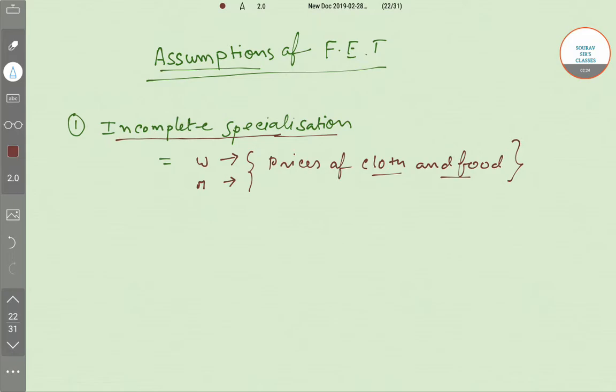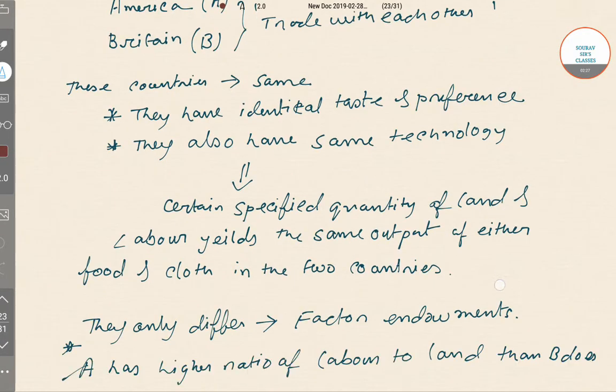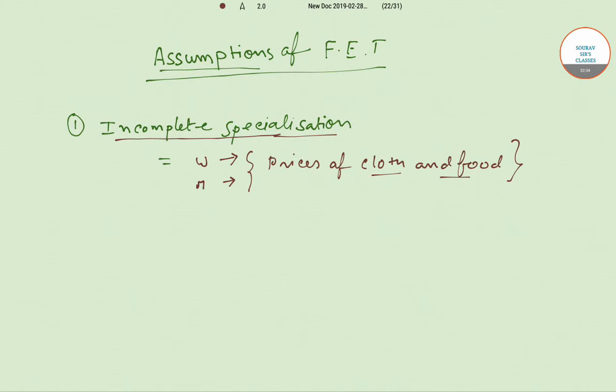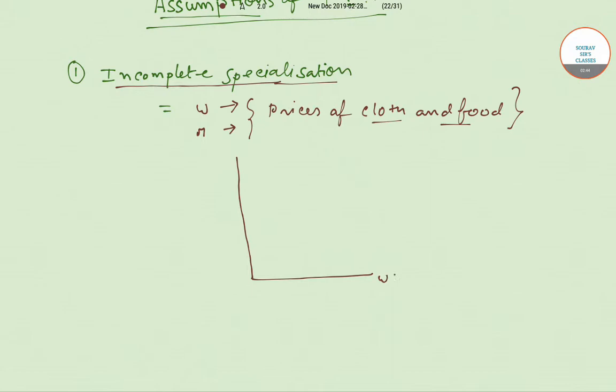So in this diagram, it basically shows the relationship between the factor prices, which is W by R, and the price of goods, which is PC by PF. It looks like this, which is SS.